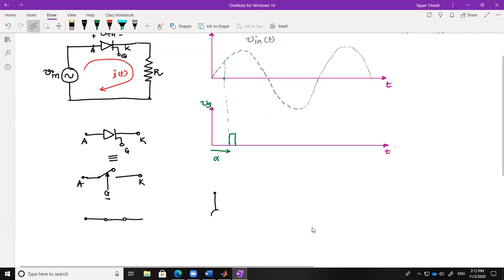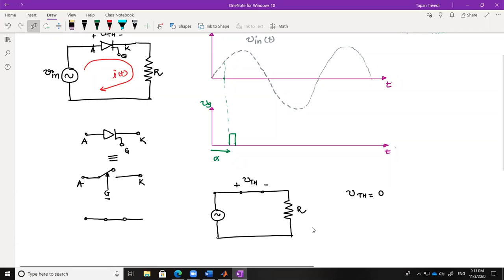One, there is an input voltage, there is a closed switch, and there is R. So look at this, the switch is closed, so VTH, that is the voltage across the thyristor, is going to be 0 because it's a short circuit.